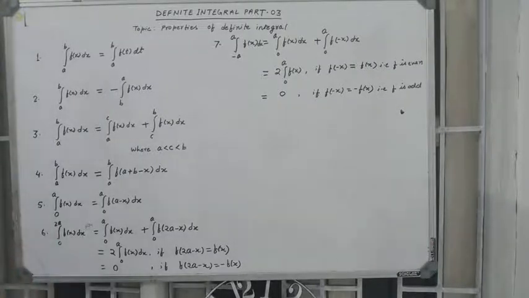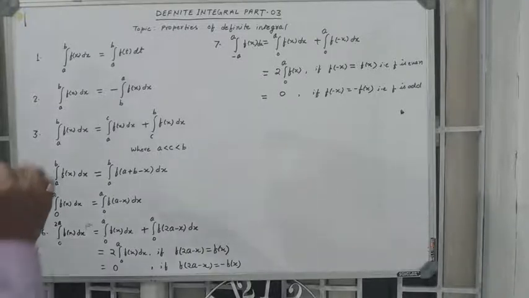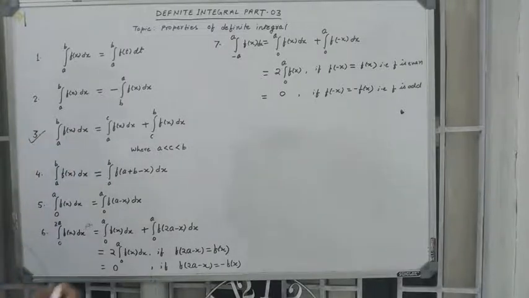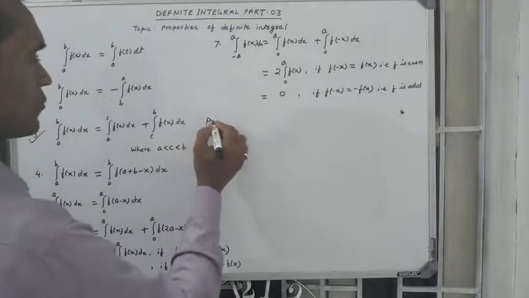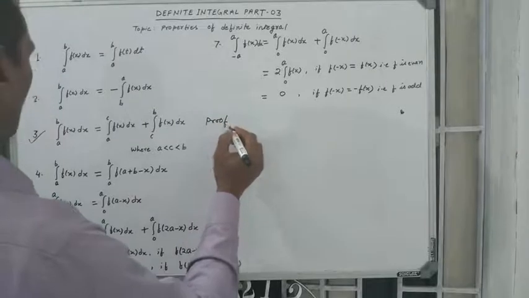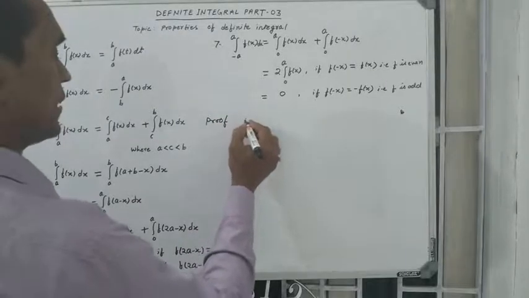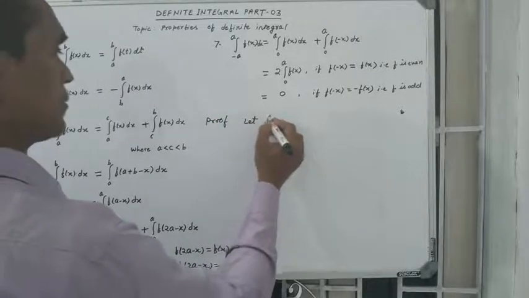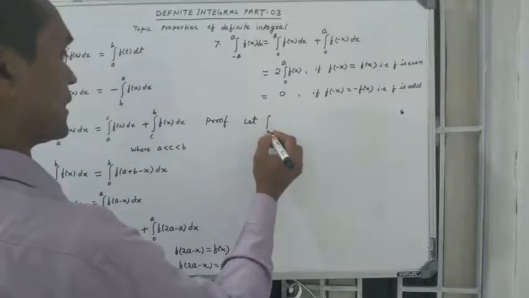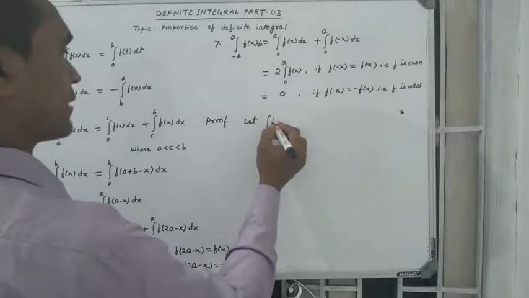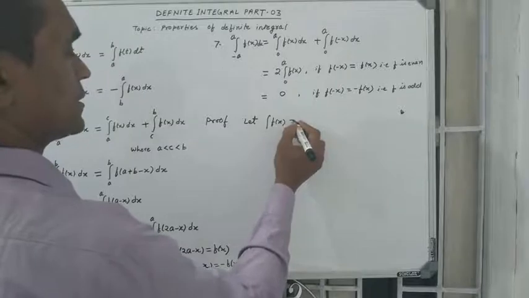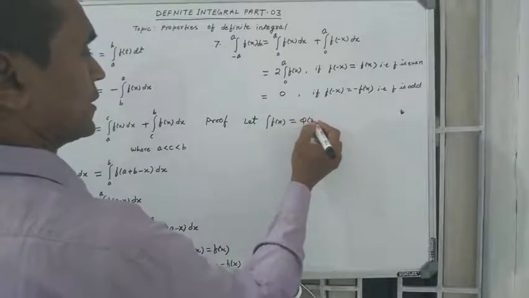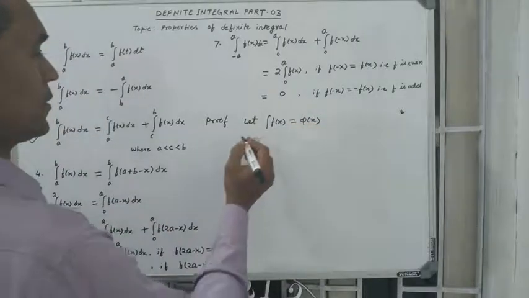One I am going to prove, and the others are also very easy, you can prove them yourself. So the third I am going to prove. Suppose the indefinite integral of f(x) is phi(x). Here no need to write the constant.